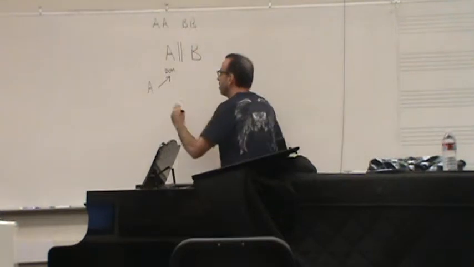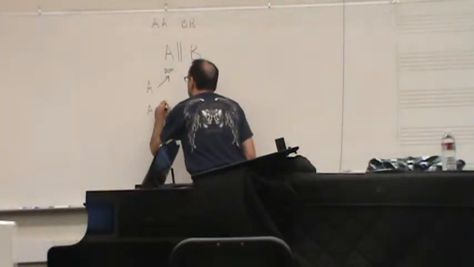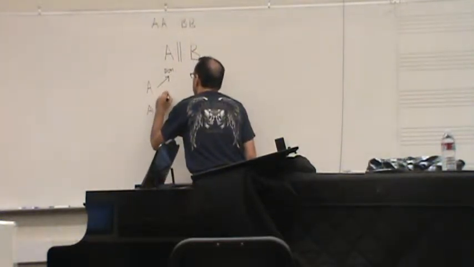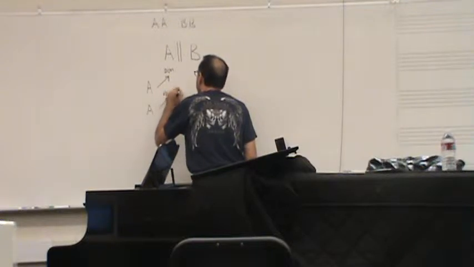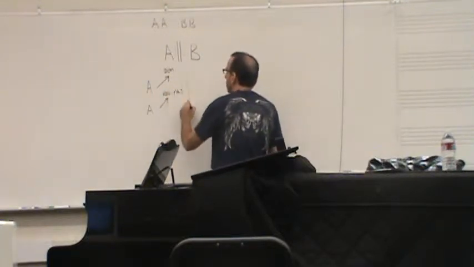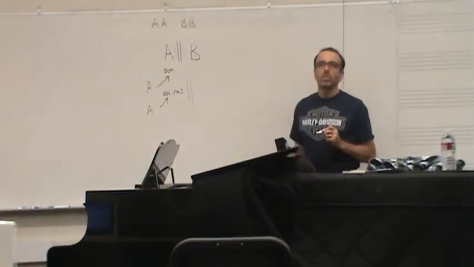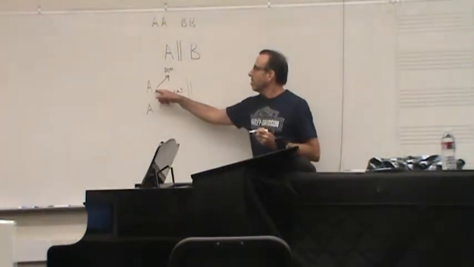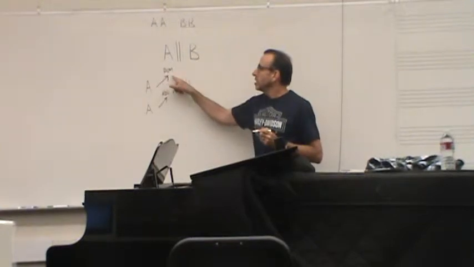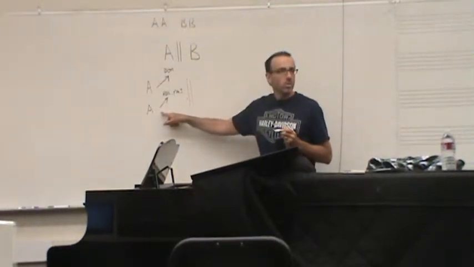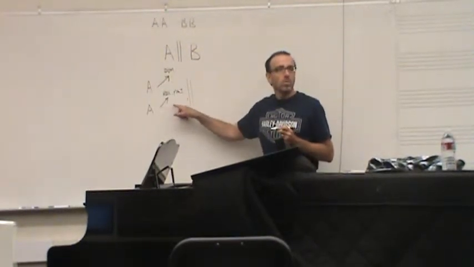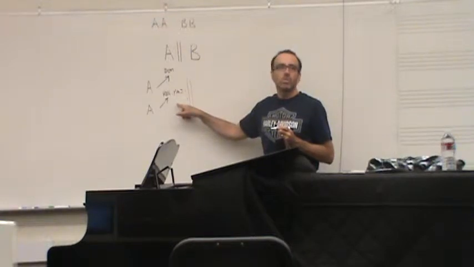Or if it's in minor, you'll modulate to the relative major. So if it's in major, you'll modulate to the dominant. If you want to do your minuet in minor, you'll modulate to the relative major.